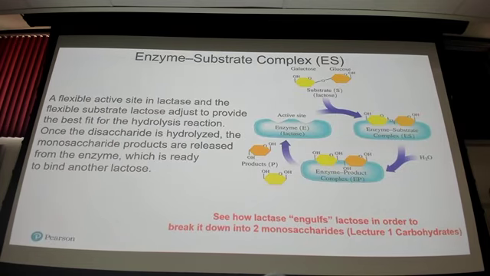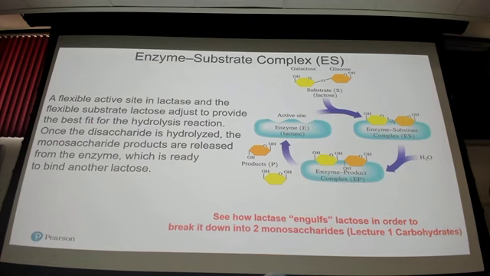And here's an example of an enzyme substrate complex. We talked about lactose, and lactase is the enzyme. Lactose is the substrate. When lactose interacts with the enzyme, it forms the enzyme substrate complex. That's just when those two molecules come together.